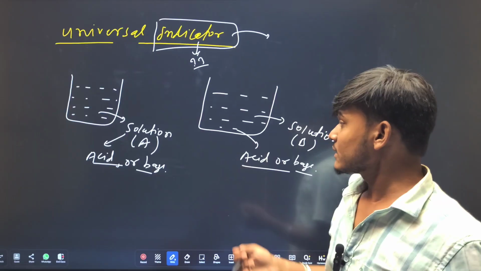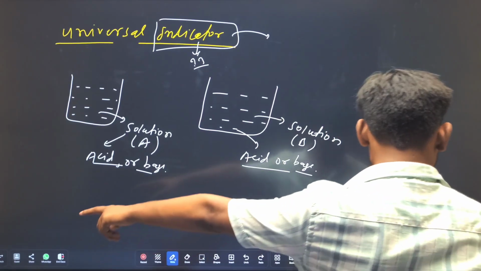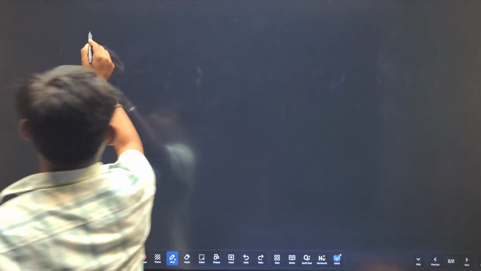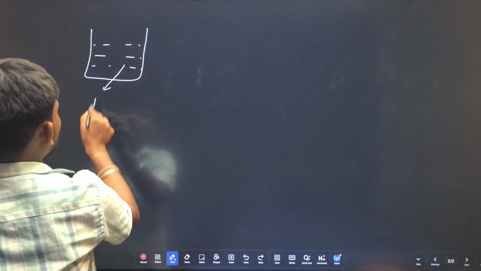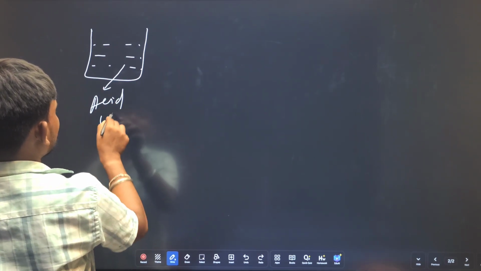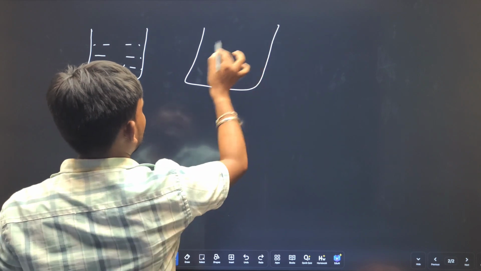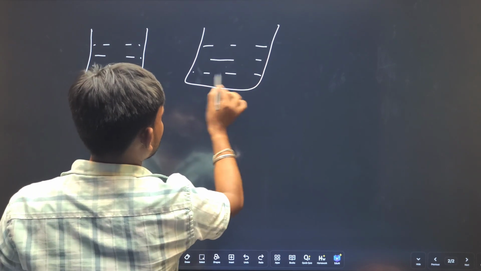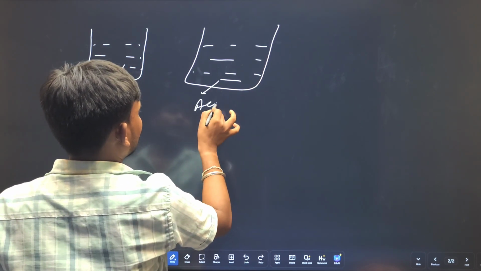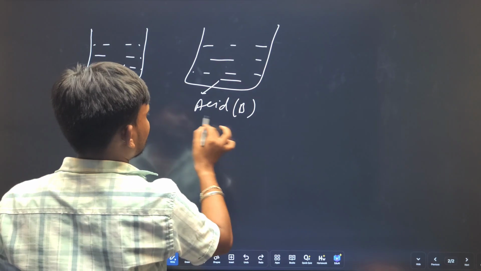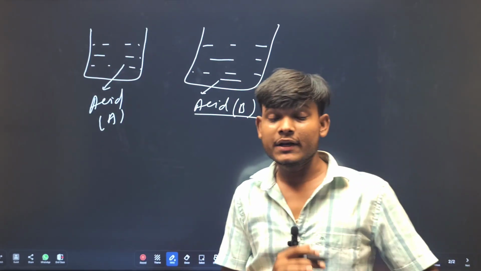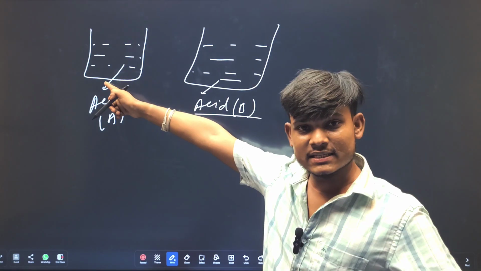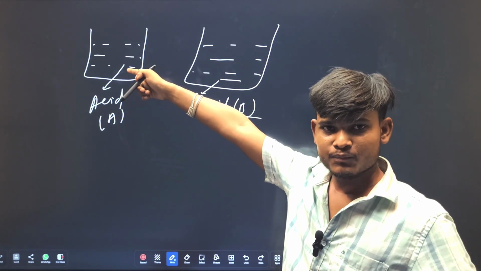But now I have a question for you. Suppose in this beaker I have an acid named A, and in this beaker I have another acid named B. I already know this solution is acidic and this is also acidic.